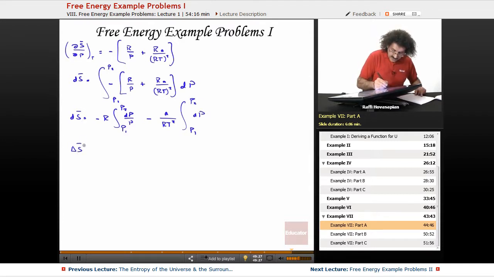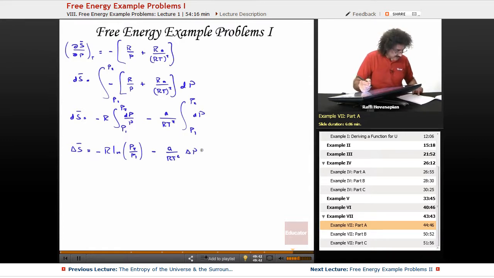Therefore, our delta S is equal to minus R ln(P2 over P1) minus A over RT squared times delta P.